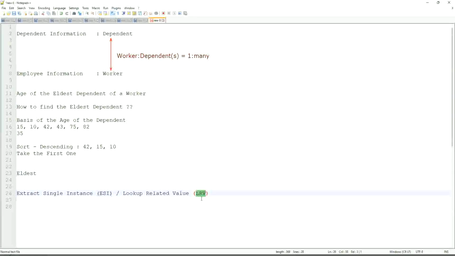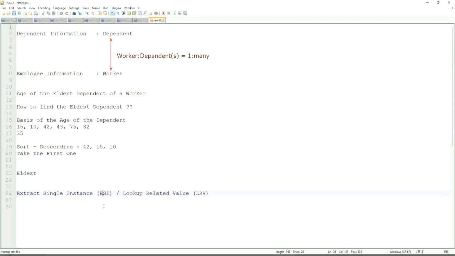Once we extract the ESI, we use it to get some value. That's the LRV. Like here, we are going to get the age of the eldest dependent. Eldest dependent will be returned by the ESI. Right, and the age of that eldest dependent will be an LRV. Right. This will be a very, very common question.